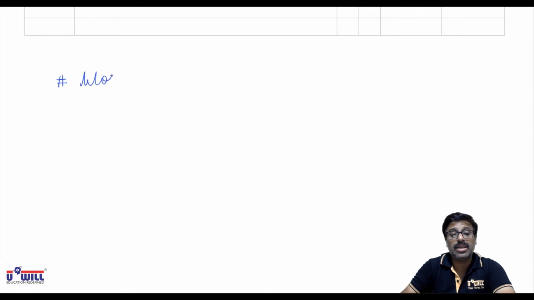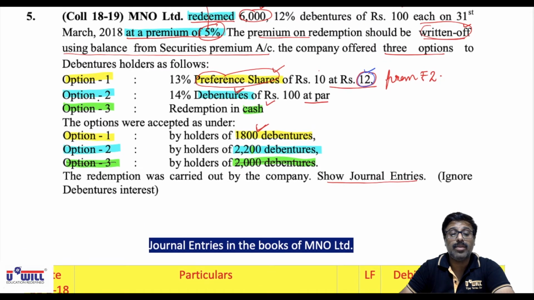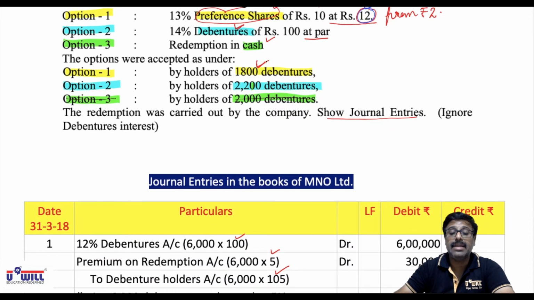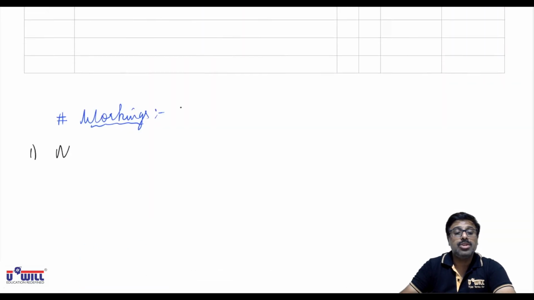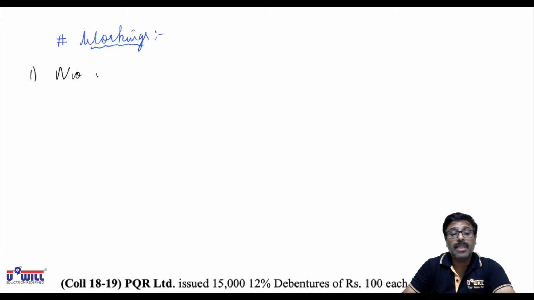The first workings is for the number of preference shares to be issued. The first option, the yellow highlighted one, is preference shares, and it is taken by 1800 debentures. Until you get the number of preference shares to be issued, you cannot pass the entry of its payment.